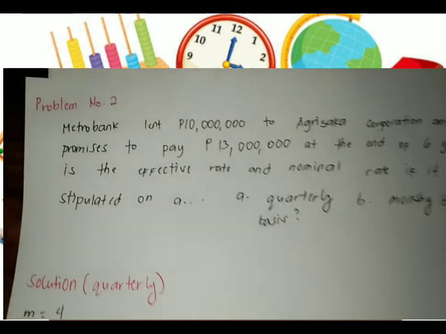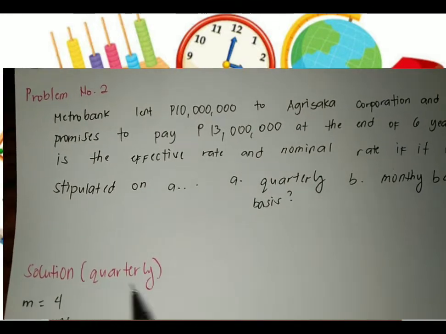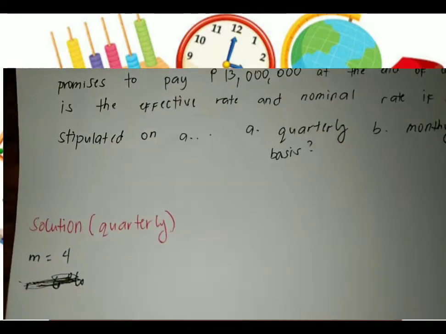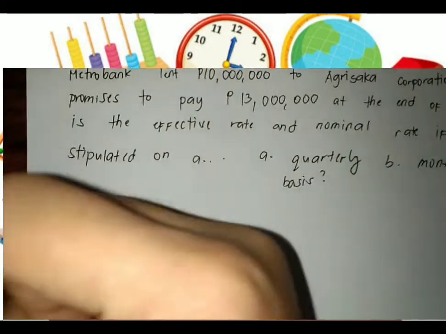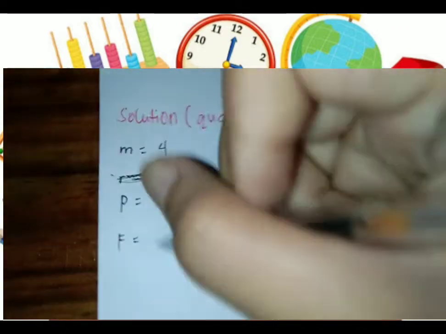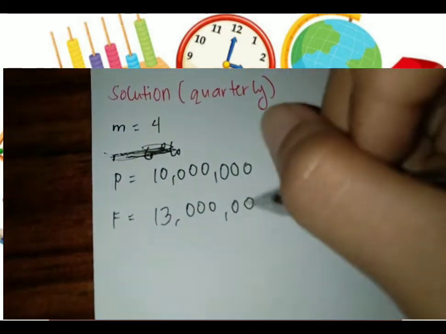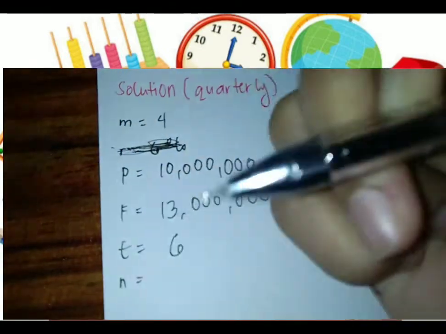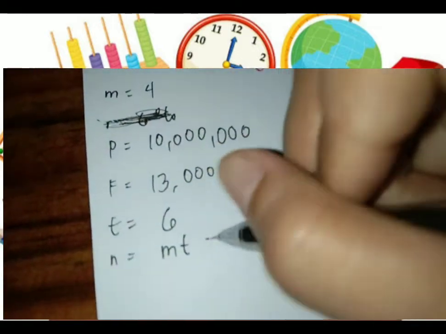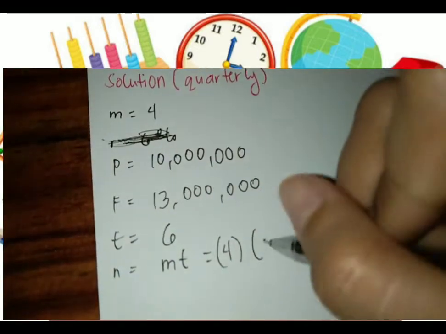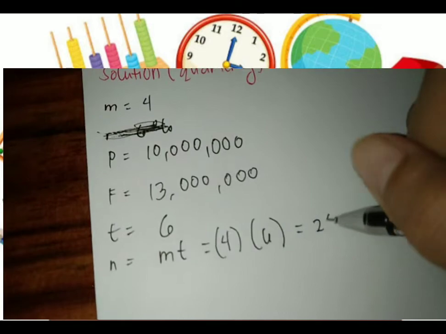The solution for quarterly: M is equal to 4, P is equal to 10 million, our F is equal to 13 million, our time is 6, and our n is equal to M times t, which is 4 times 6, so the answer is 24.